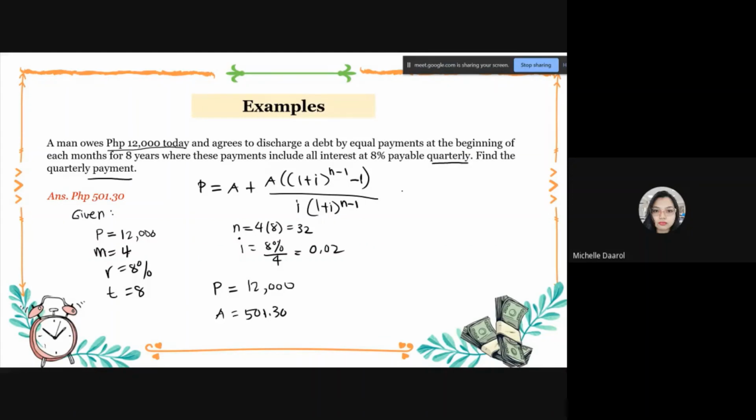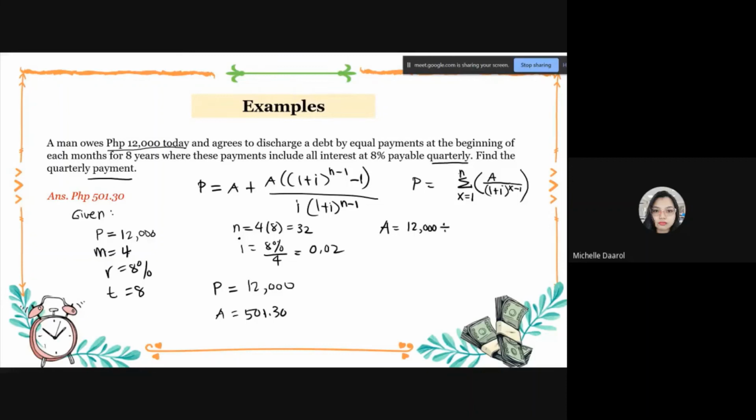Okay, so let's try using the calculator. We have already the annuity, we have already the present worth. Now we have to find the annuity, so dili na siya mo shift solve ang summation. So ato ang buhaton, P is equal to the summation of annuity over 1 plus i raised to x minus 1, then x equal to 1 to n. So, to solve for A, the P is 12,000.